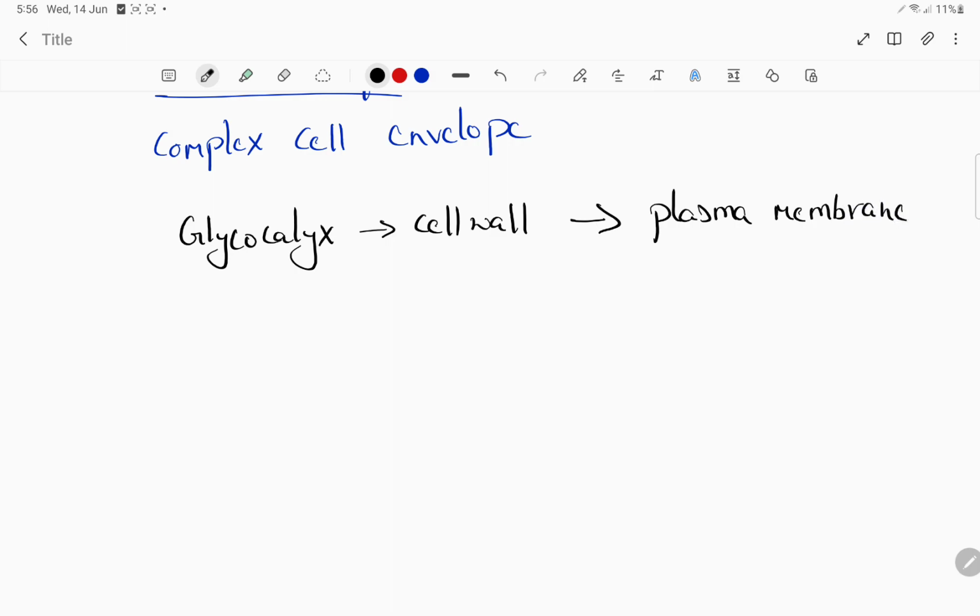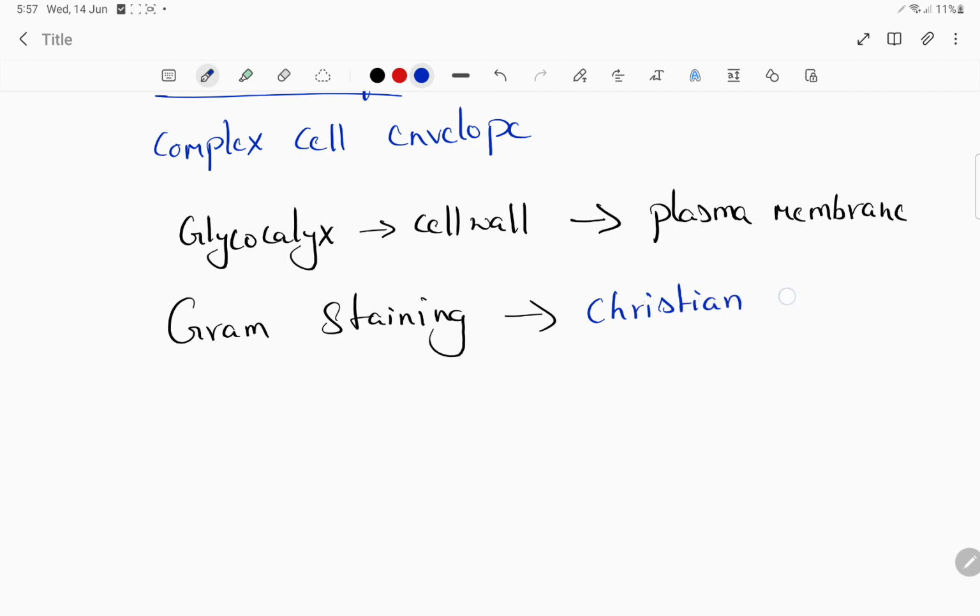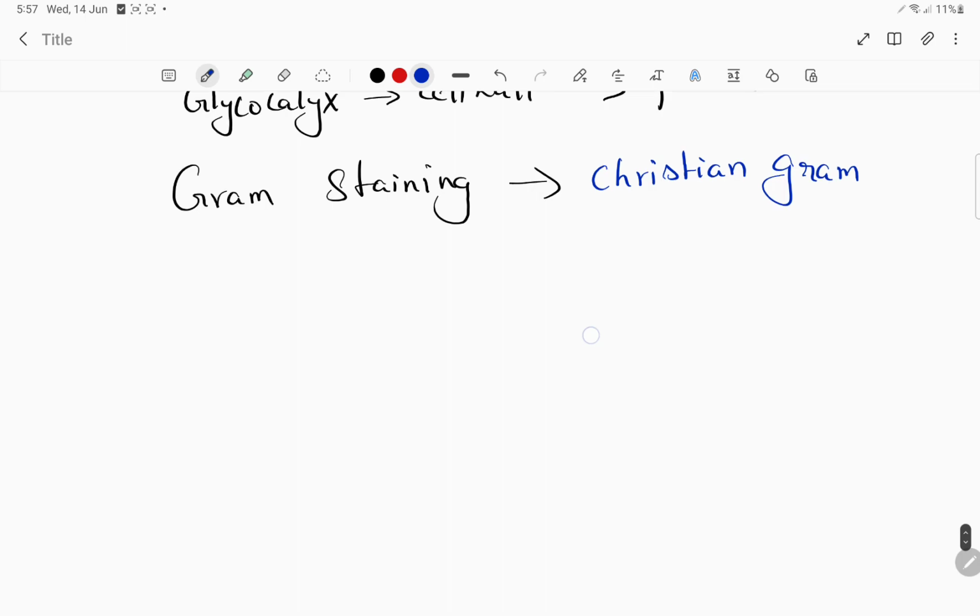Bacteria is classified into two groups based on the cell envelope. So how do they respond to the staining procedure? By gram staining. Mainly this experiment was conducted by Christian Gram. Those who take up the stain are gram positive.